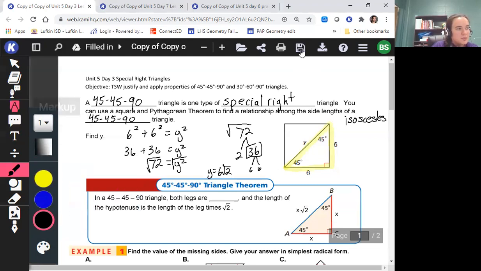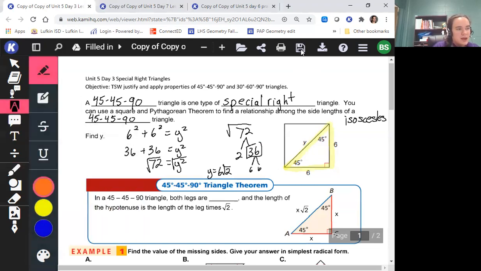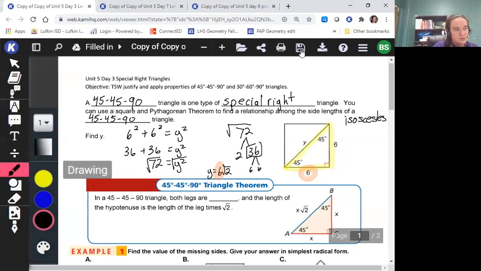Now, some of you may have noticed that 6 is the side length, and it's the number in front of the square root of 2. That's what is always going to happen. So you have your side length values, which are your shorter sides, and then your hypotenuse value, which is your side length times the square root of 2.